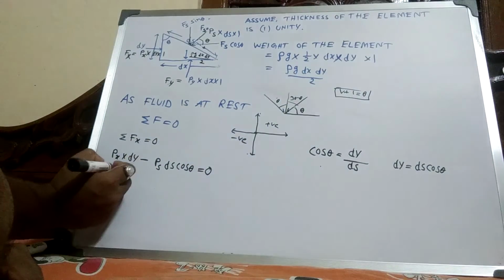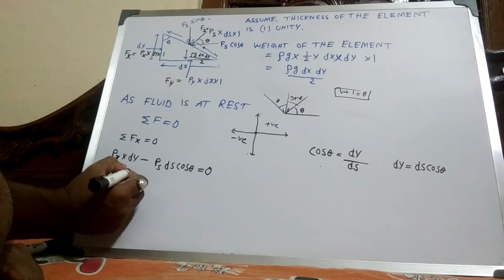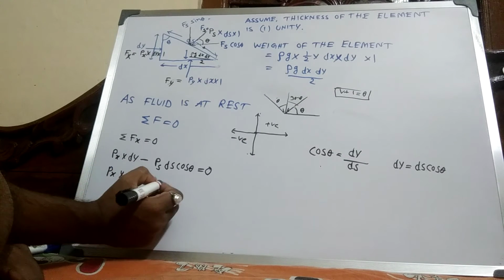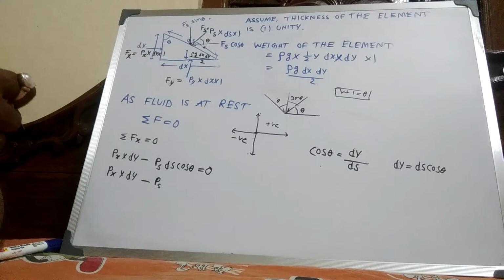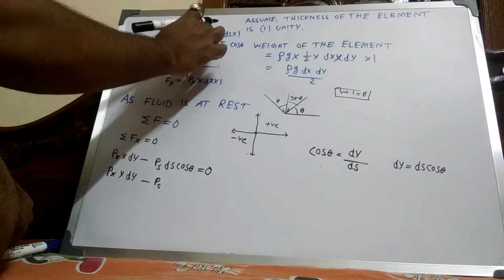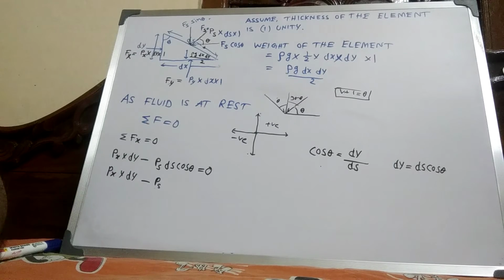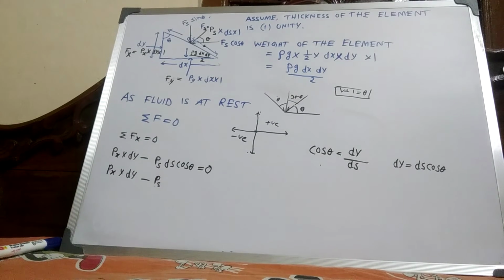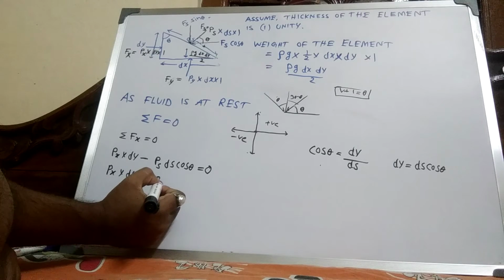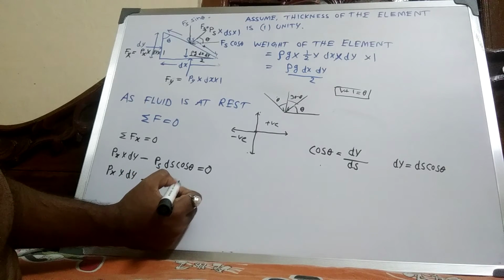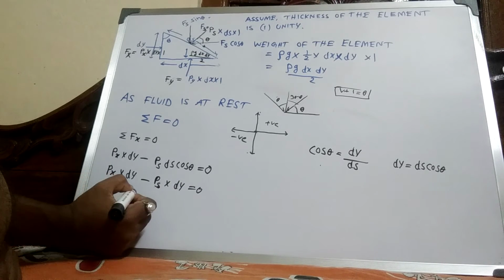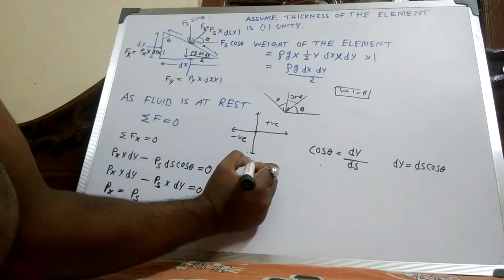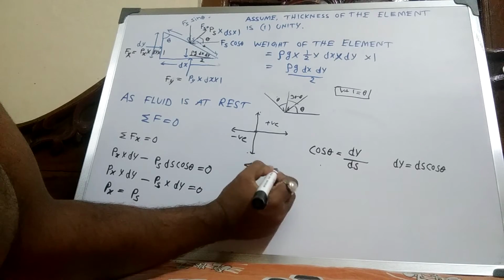Understand? So px into dy minus ps into dy equals 0, so px equals ps.